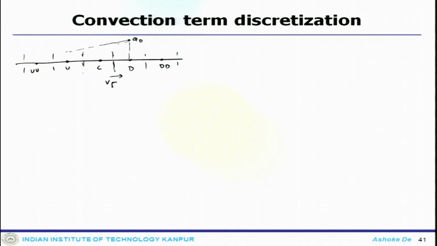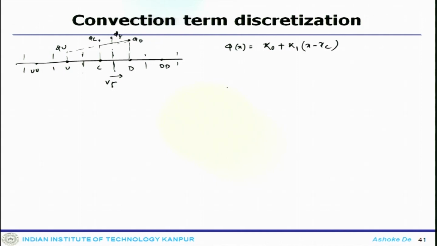This is phi d, phi u, and in between you have phi c and phi f. So, this is how it takes into account, and the function definition is k naught plus k 1 times x minus x c.